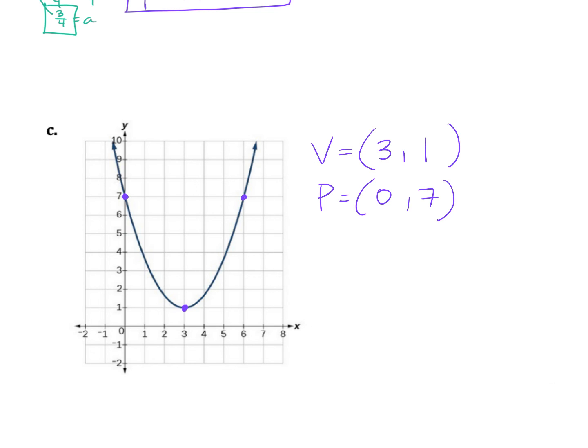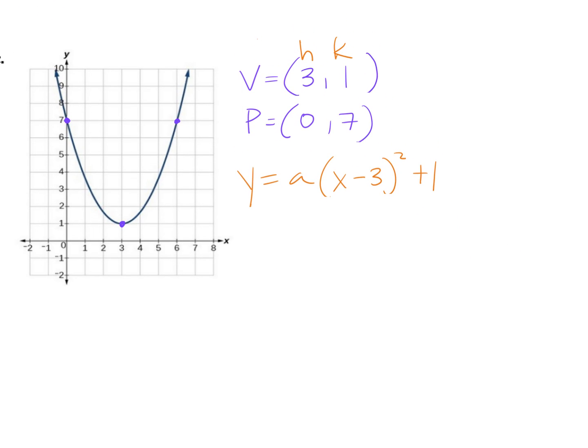So if we're going to set this up in vertex form, it'll be y equals a times x, and here's your h and k, right? So x minus 3 squared plus 1. That's going to be my final answer with a new a value dropped in. We've got to find a. So now we're going to plug in our x and y. Here's x, here's y.